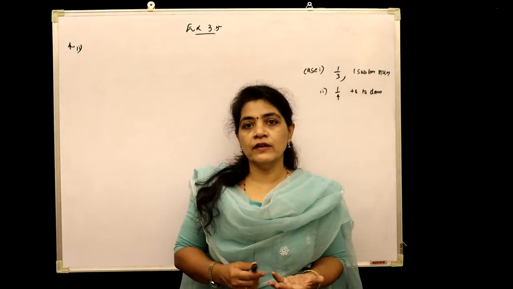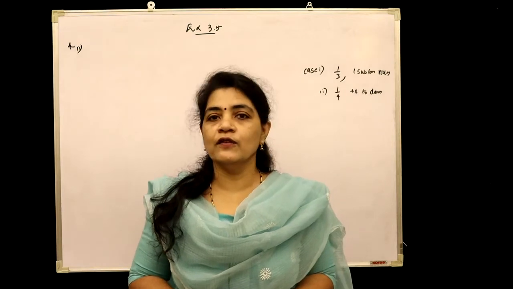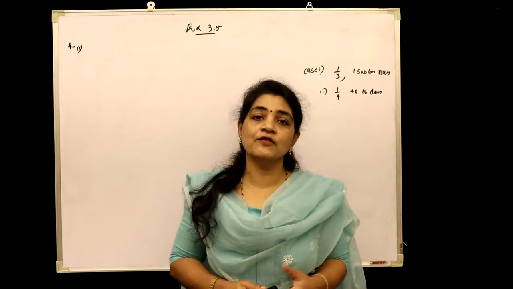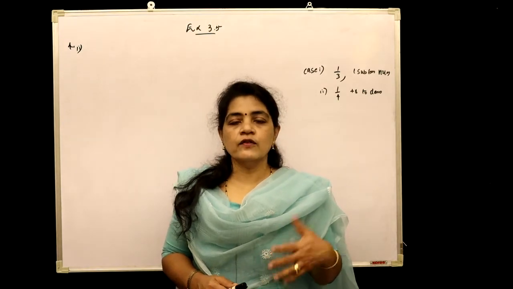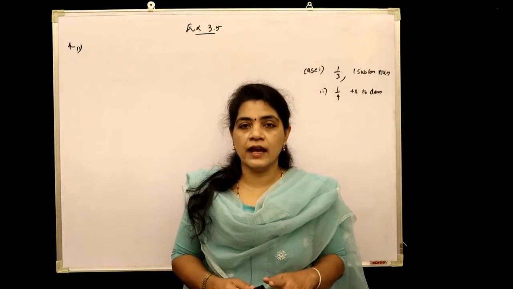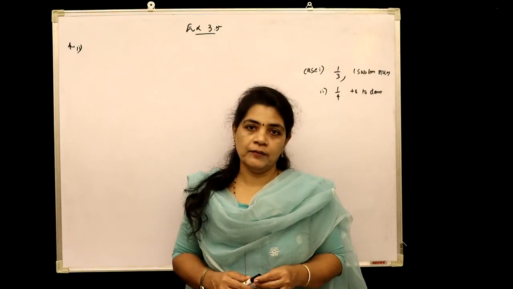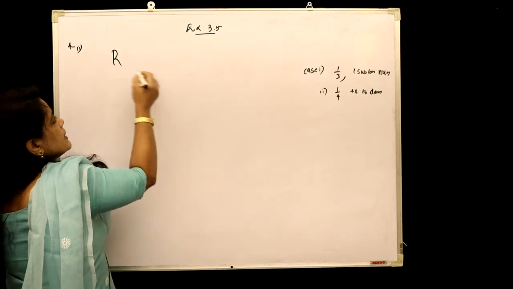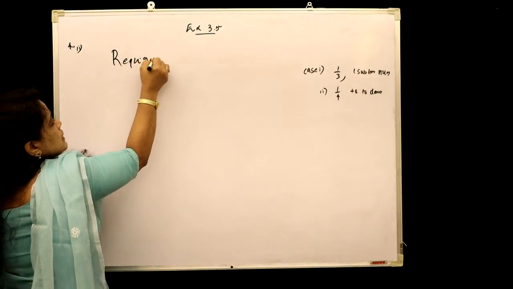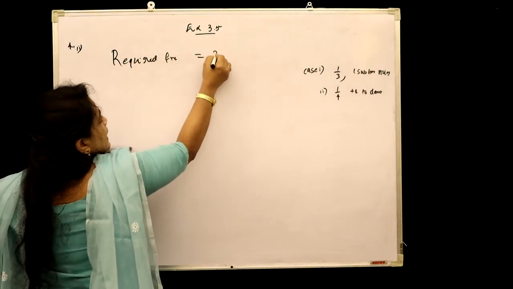So as usual, we can give the substitution for the variables. Here this is a special case, a fraction. Fraction means it has numerator and the denominator. So we can first suppose the required fraction as x by y.